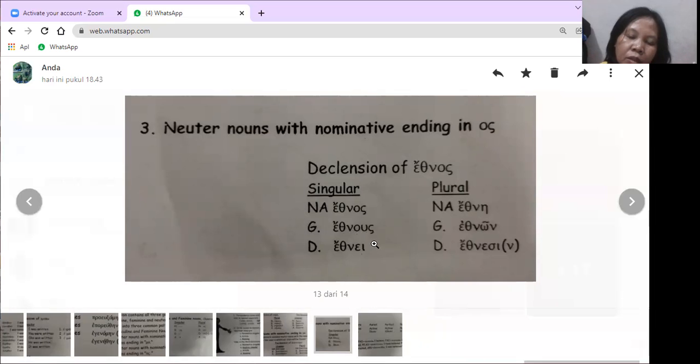Dative singular, the ending ei. Nominative accusative plural, in the ending e. Genitive plural, in the ending on. Dative plural, in the ending esi or esin.